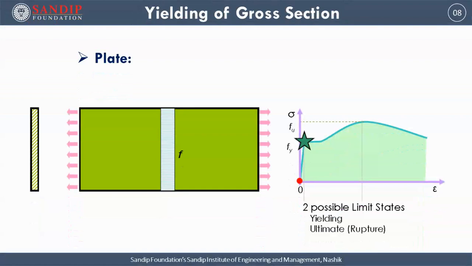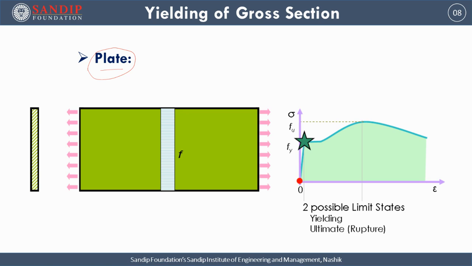Now, yielding of gross section. In this lecture, we will limit ourselves to plates as a tension member. We will not go into details of different angle sections used as tension members. In this session, we will limit ourselves to plates only. Now the first mode of failure we are discussing is yielding of gross section.